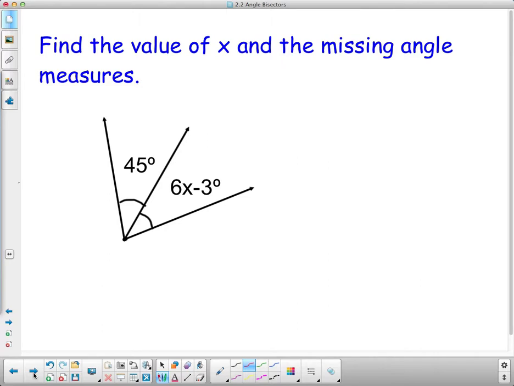We're a lot more comfortable when there's a straight number in there instead of the variables. And the value of x was 8, correct? And then the small angle was 45, and the whole big angle was 90. Okay, we did pretty good on that one.